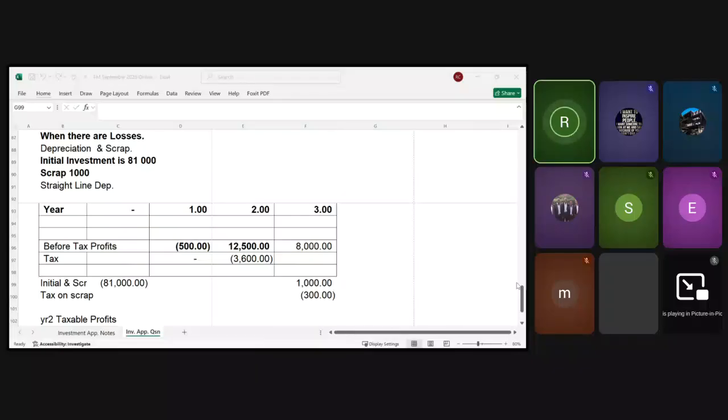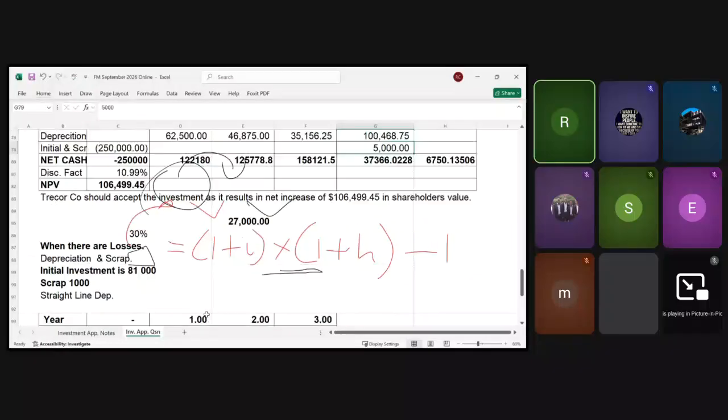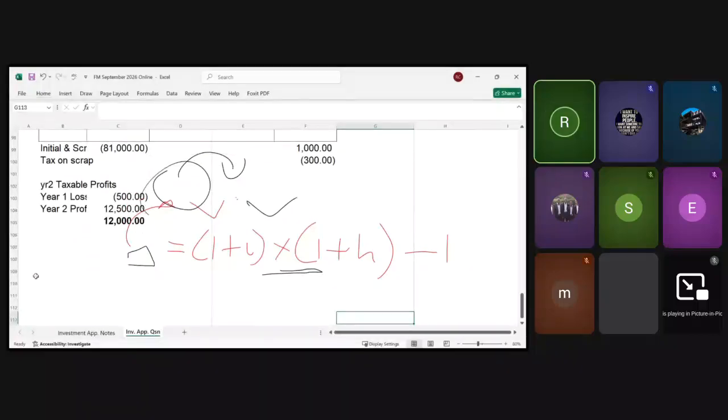This is how we treat, or this is how we are supposed to be calculating our net present value, and this should bring us close to an end of our presentation for today.